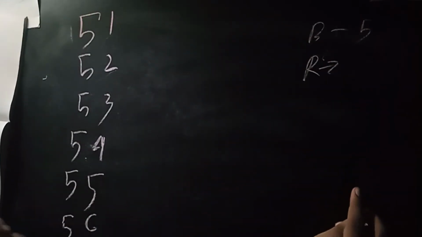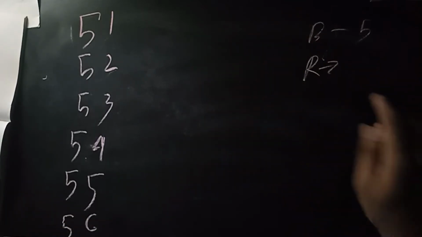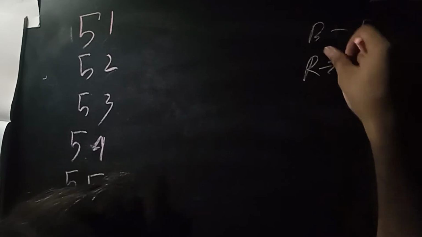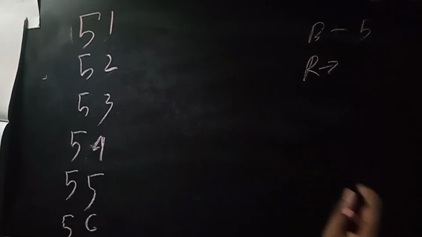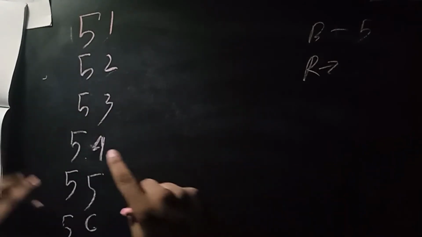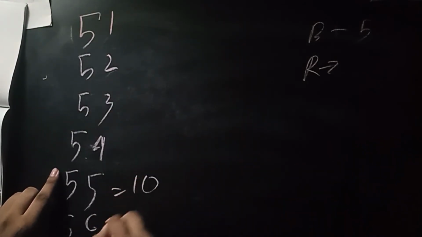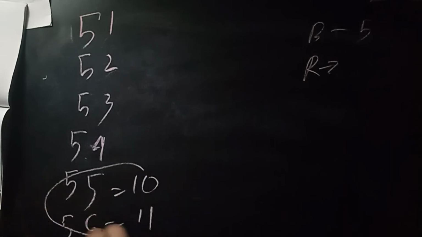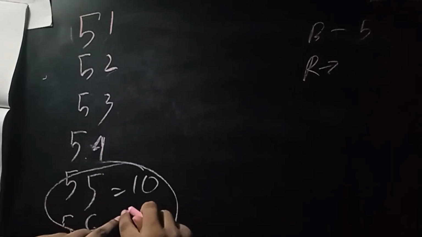So this is going to be my sample space, because this is already given. Now we have to see which ones satisfy the condition, which will be N of A. For the sum to be greater than 9, it has to be 10 or 11. So there are 2 possibilities that satisfy the event.